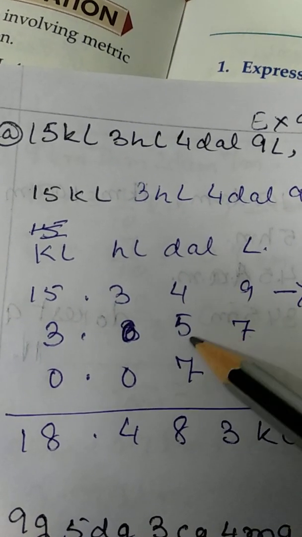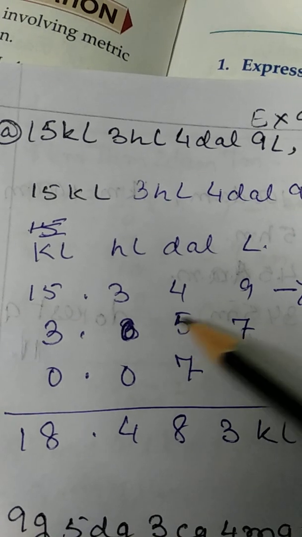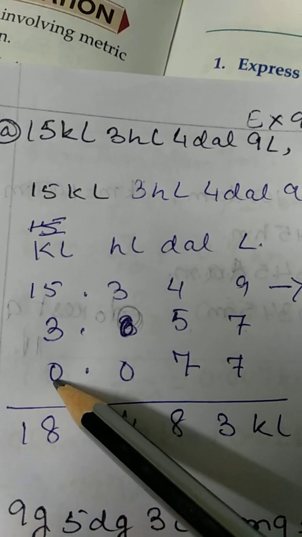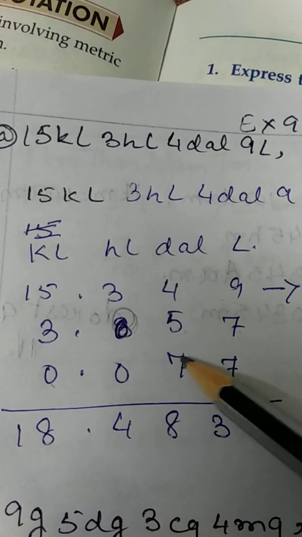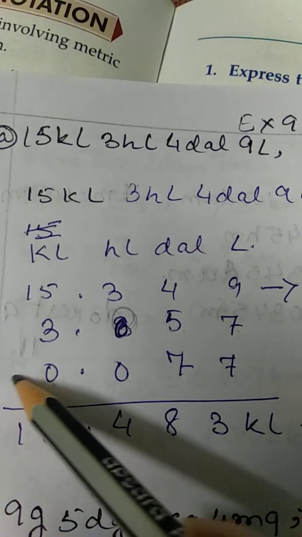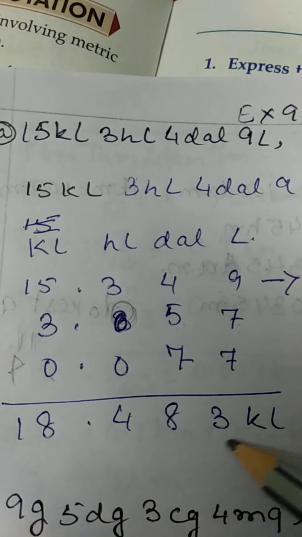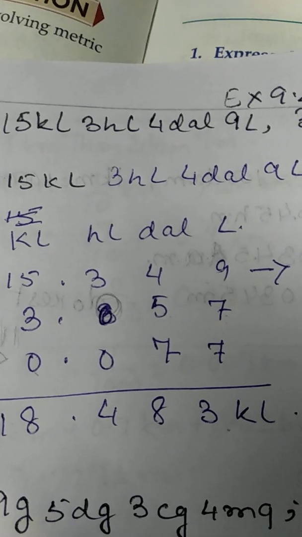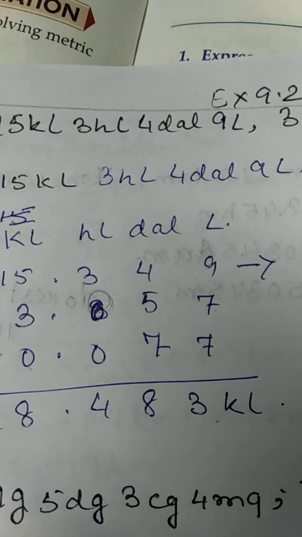So at the place of 5, I am writing 5, 7, 7, and HL I don't have anything, so I have given 0. Here nothing, so 0, 0, 7 DL. Now if we add, the number is coming, and we will write KL. Addition I don't have to teach you, but the process I am teaching you.